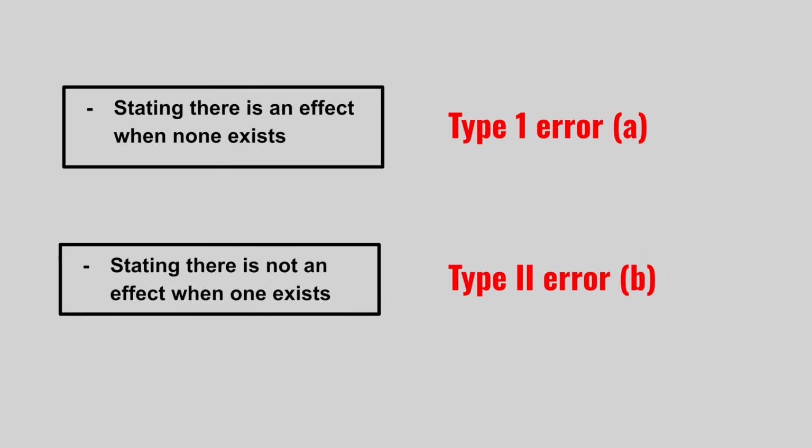This is type 2 error, or beta. Remember, type 1 error is also called the false positive error, and type 2 error is also called the false negative error. And something important is that if you increase the sample size, you increase the power, and that decreases the type 2 error.